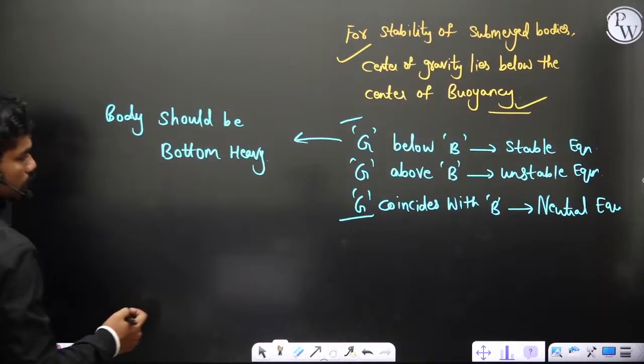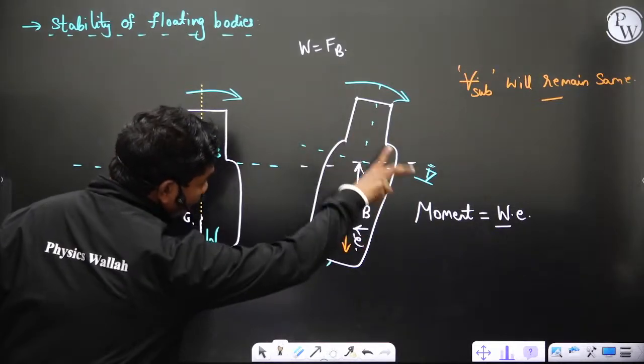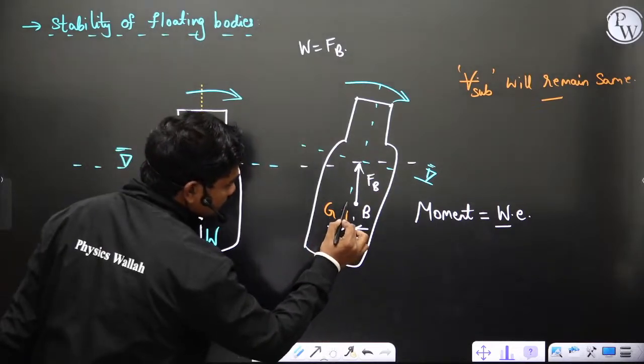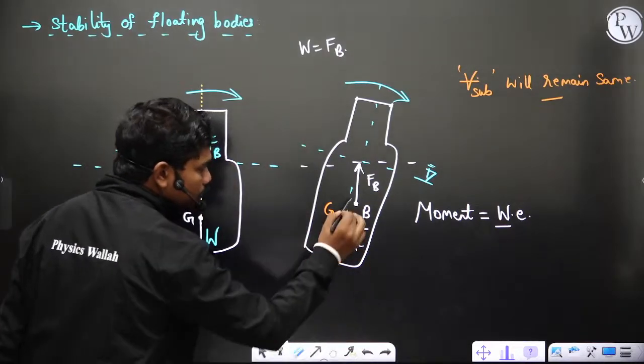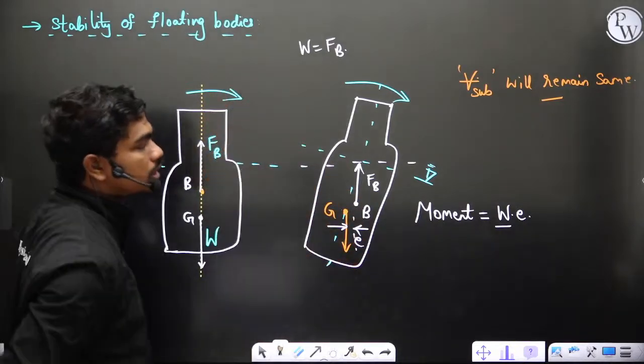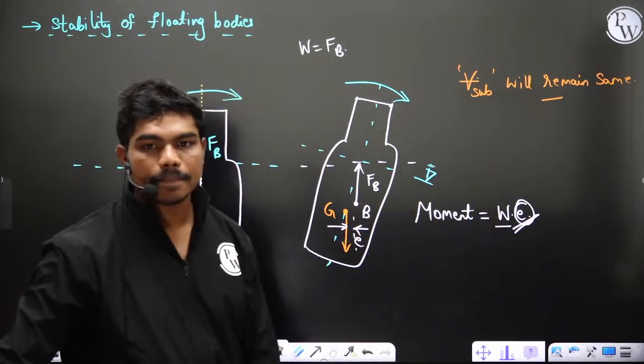But here, since B can move according to the amount of tilting, sometimes B gets displaced by a slight amount, sometimes by more. That means the moment which creates this rotation is not fixed, so this depends on this E.